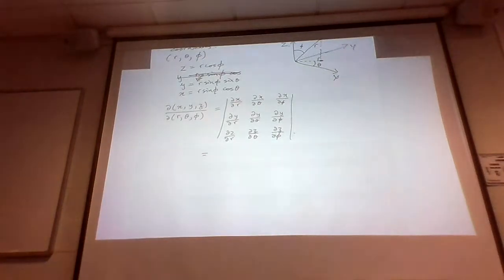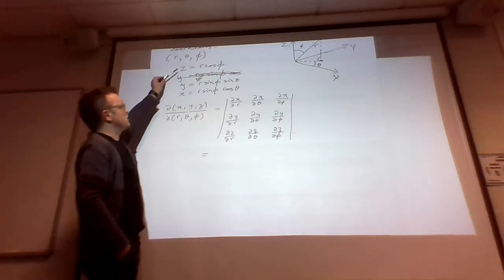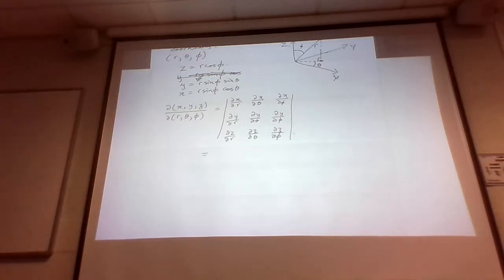And each of the 9 entries comes from taking the partial derivative of the appropriate equation with respect to the appropriate variable.